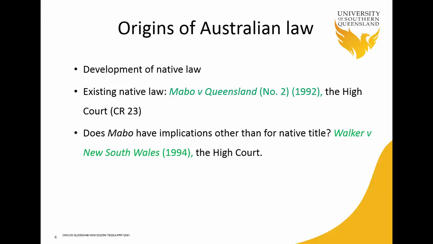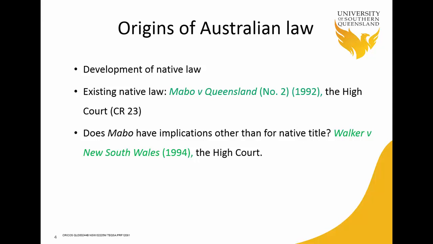So there are both doctrines: the doctrine of terra nullius and the doctrine of reception, which was built on it. By doctrines, we mean legal principles that were developed through the court system.